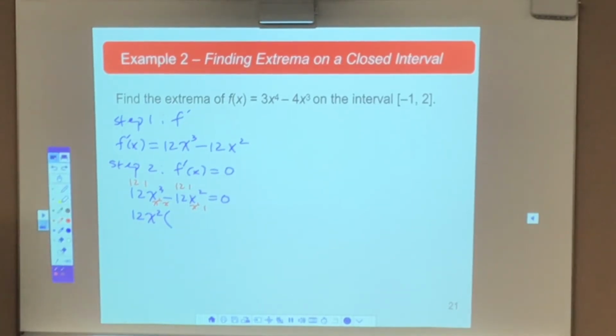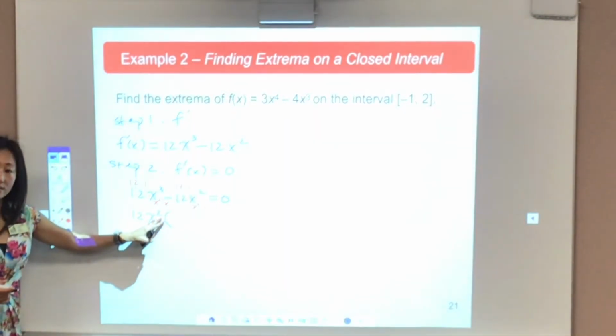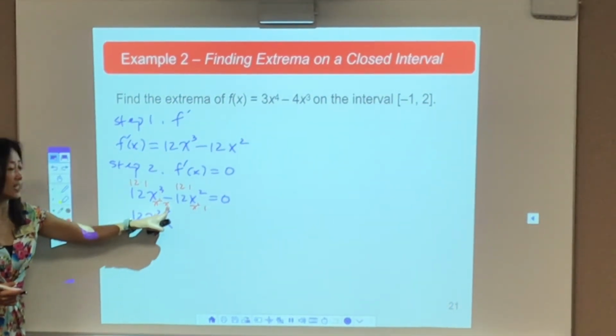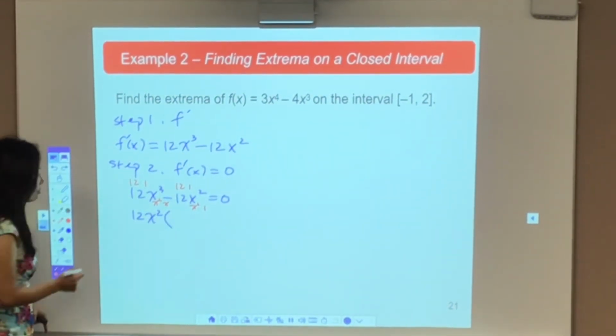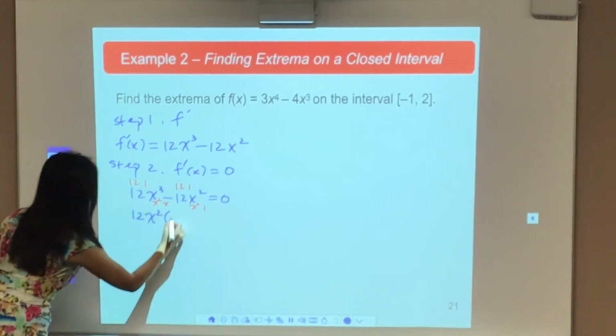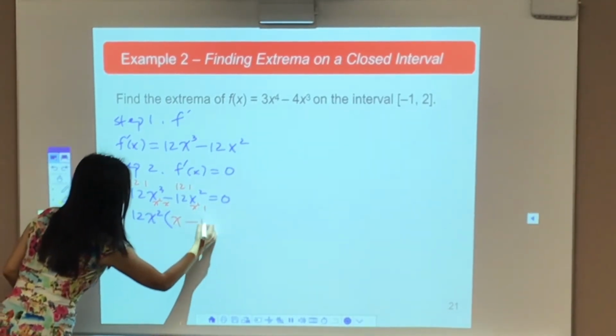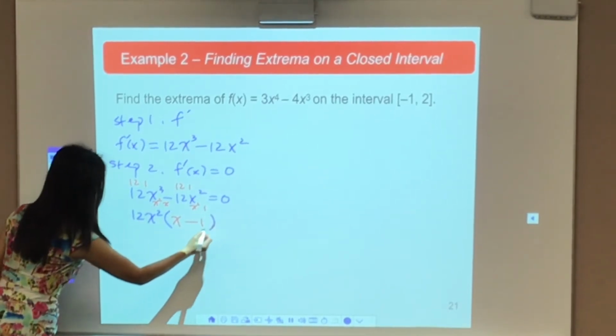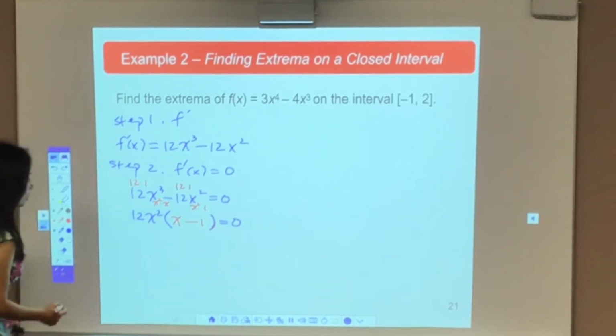And then what is my other factor? X squared is my common factor. Everybody agree? Because this is x to the third, I can make it x squared times x. So x squared, and what's left? X, and the other one is minus 1. Set them equal to 0.